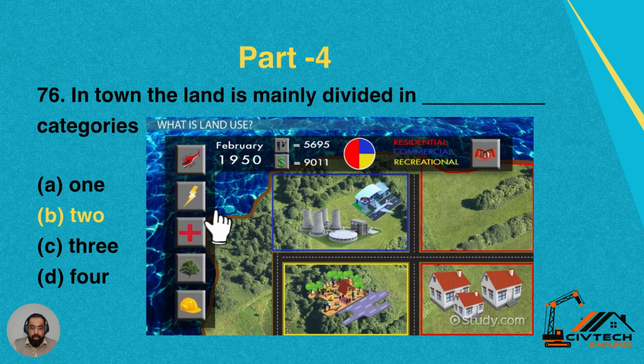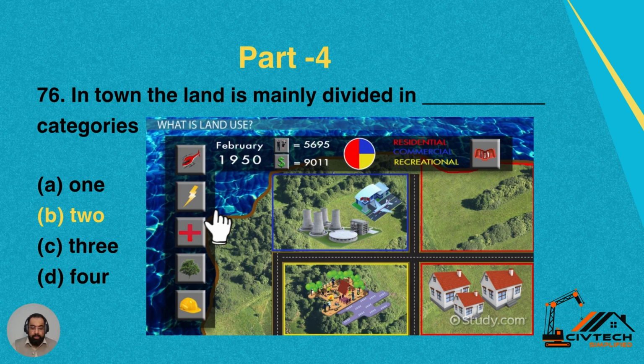One is the built-up area having buildings and other facilities, industries, as well as schools and houses, and the other is green belts or the open spaces. So there are mainly two main categories in a town. Out of them, one is built up space and the other is open space.